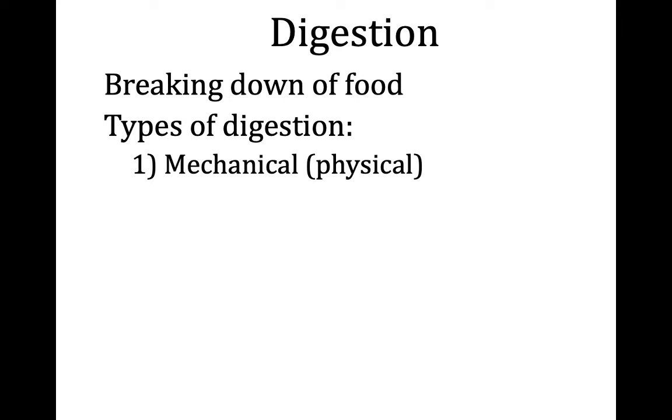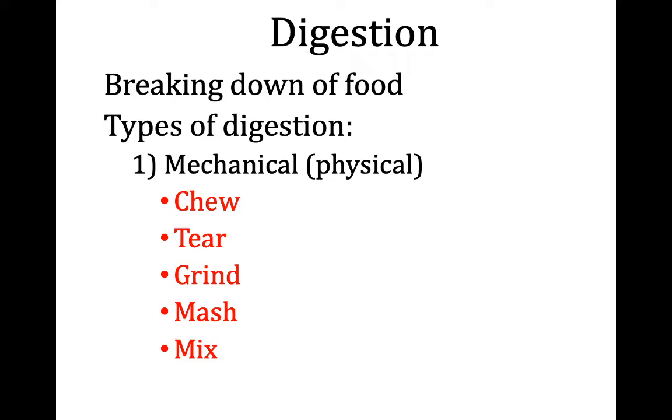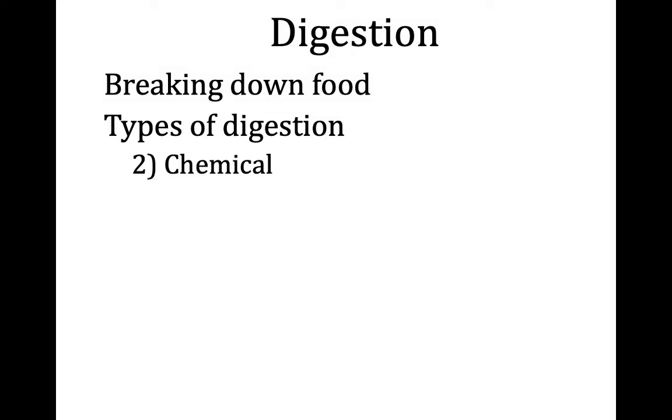It's talking about how physically there are some parts of our body that break down the food. So it's usually things like chewing, tearing, grinding, mashing, mixing, most of which happens inside of your mouth. So when you are chewing your food, your teeth are tearing it, your tongue is helping in mixing and mashing the food all together.